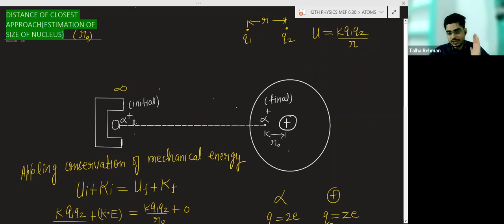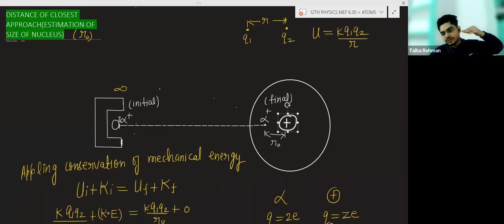Initially the potential energy will be like this. The alpha particle is here and the nucleus is here, at an infinite distance, so k q1 q2 divided by infinity will be 0. Initially there will be some kinetic energy of the alpha particle, because you are giving it some kinetic energy. That is why the alpha particle is moving.